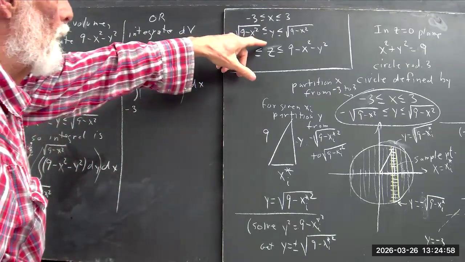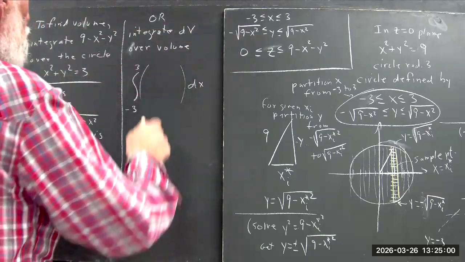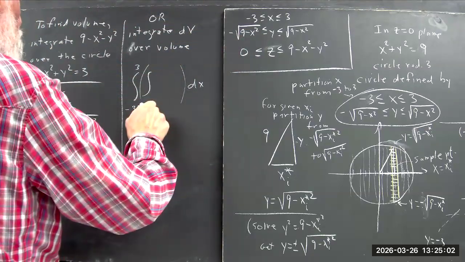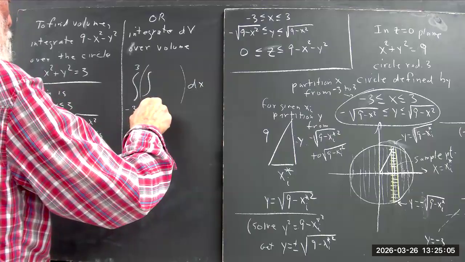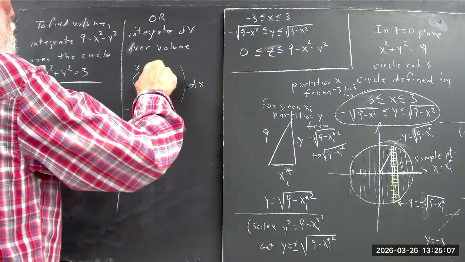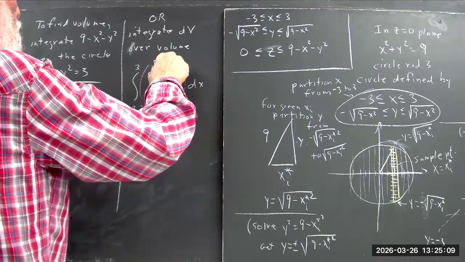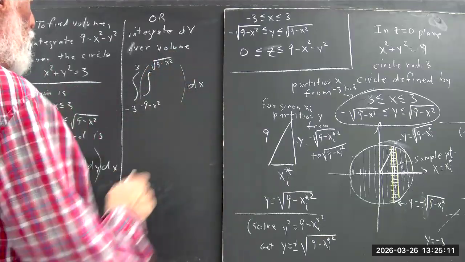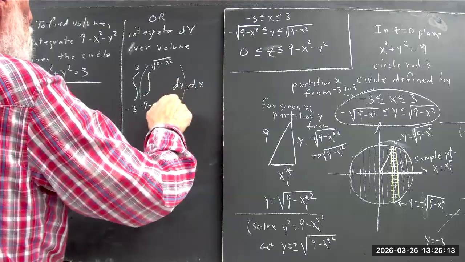And then y goes from negative square root of 9 minus x squared to the square root of 9 minus x squared. That's for y.